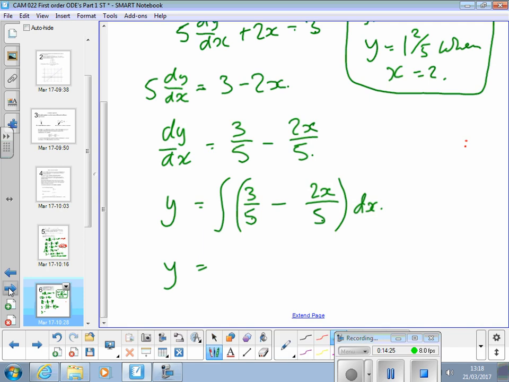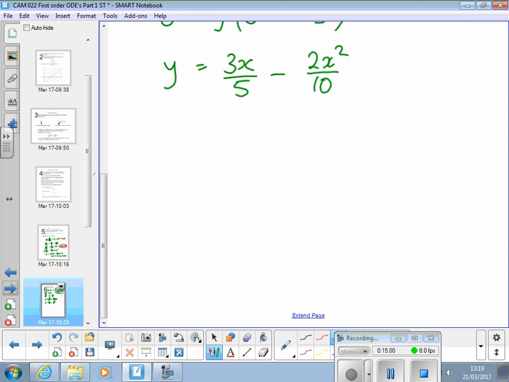So that is 3x/5, and what happens to this one? 2x squared over 10.